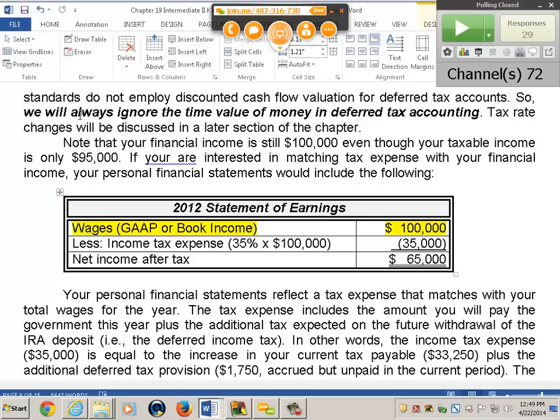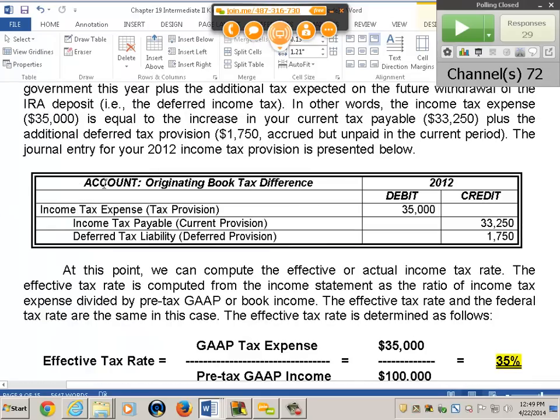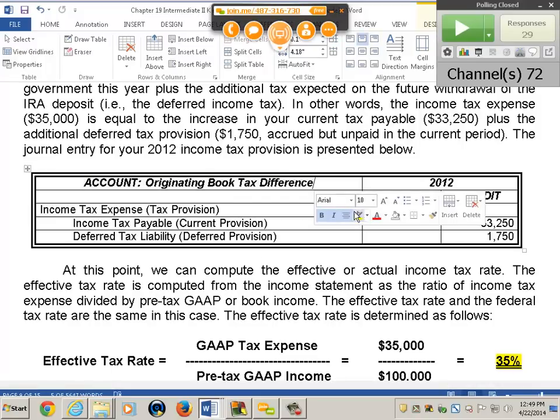Now, of course, one of the things you have to know is the entry. So this is the year of origination. I'll talk to you about this in a second. You've got a debit to tax expense for the provision for taxes. You credit tax payable, and of course the deferred tax is the deferred provision credited for $1,750.